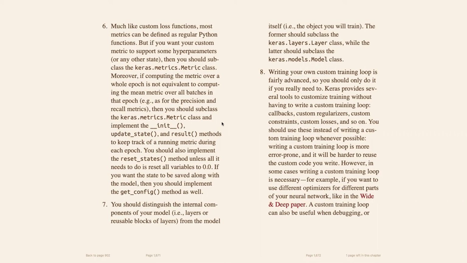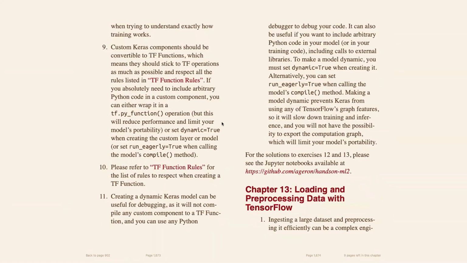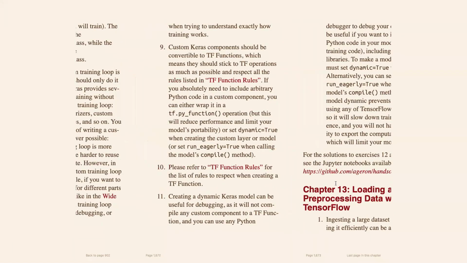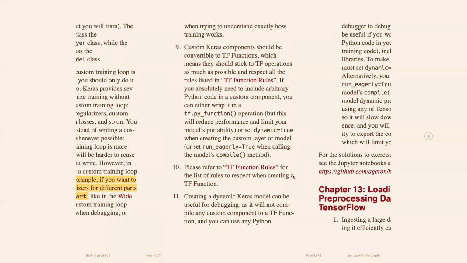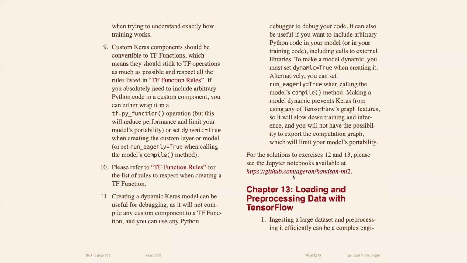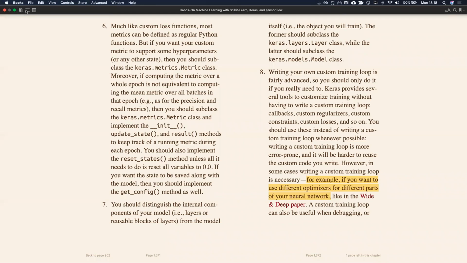A custom training loop can also be useful when debugging or when trying to understand exactly how training works. So I think that's the gist of the question. When you want to use a different optimizer for a different part of your network, then you write the custom loop. At least we are far away from that.